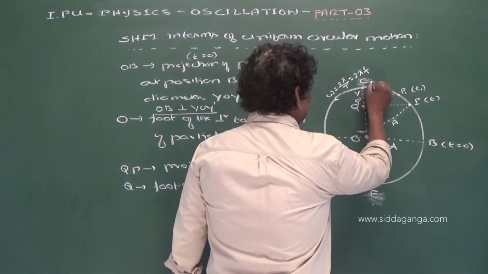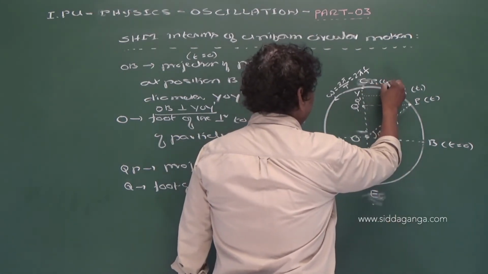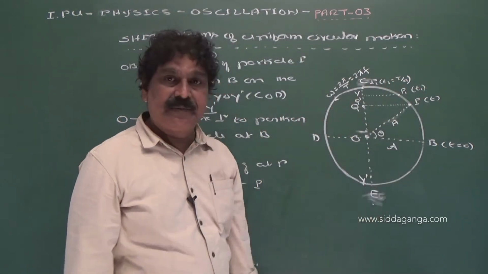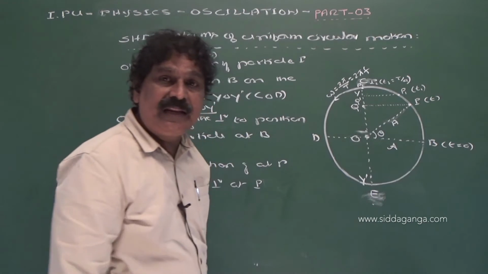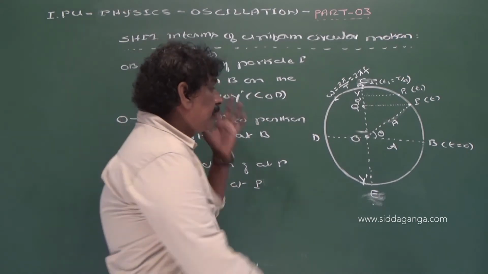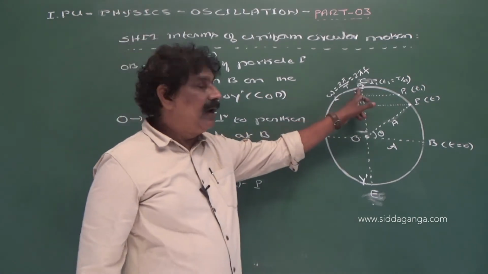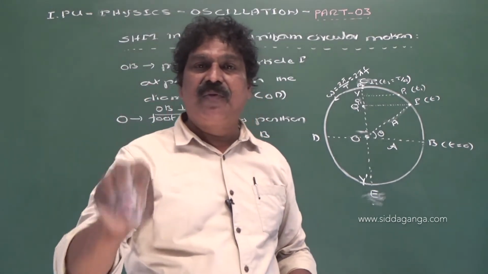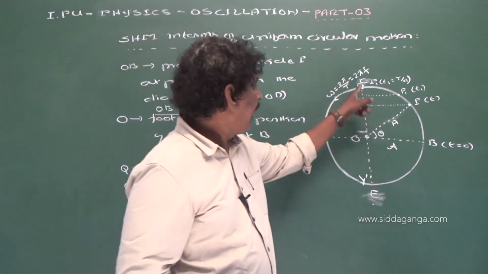If the particle at P2 is at time t2 equal to T by 4, where T is period, now both P2 and Q2 will coincide. The same point is the foot of the perpendicular. The length of the projection becomes 0 at this point.